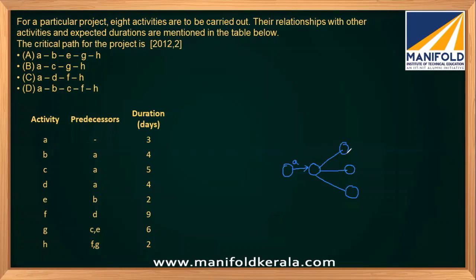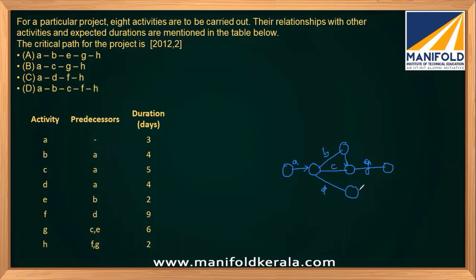So let's put this E. This is B, C, D, and E is from B, and it's merging with C to form G. This is G. And D and G are also merging together to form H, right?